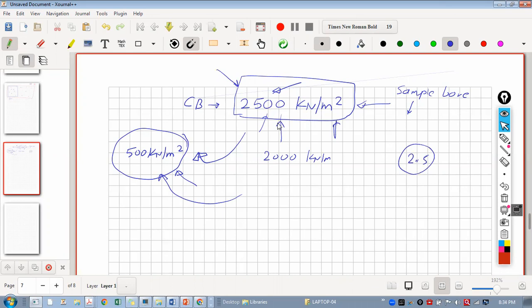So it is subjective, depending on your experience and conviction about the investigation, overall strata, your involvement in that investigation, the calculation reports, and the number of samples. In that case, you can definitely go for this, because this 2.5 factor of safety is already there.